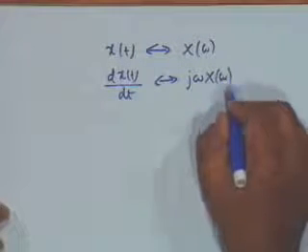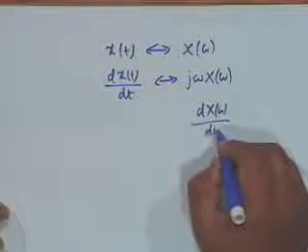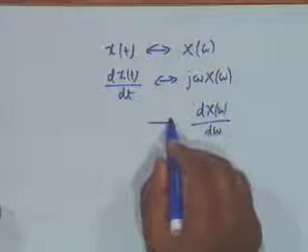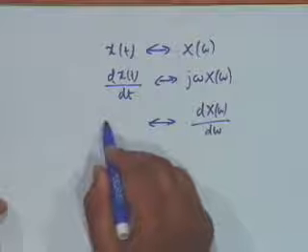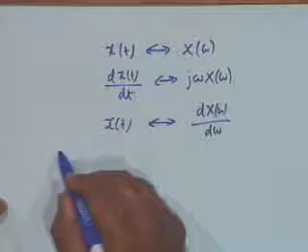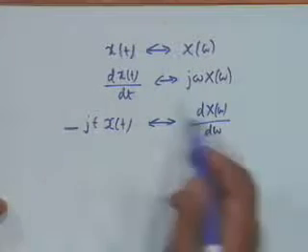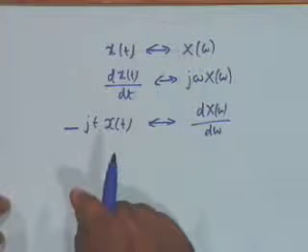Now suppose we differentiate the spectrum, that is, we apply the duality principle. Can you guess what this will be? X of t shall now be multiplied by jt, but with a negative sign, because of that f of minus omega.